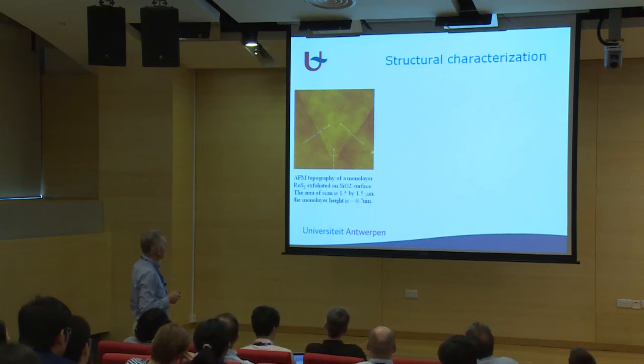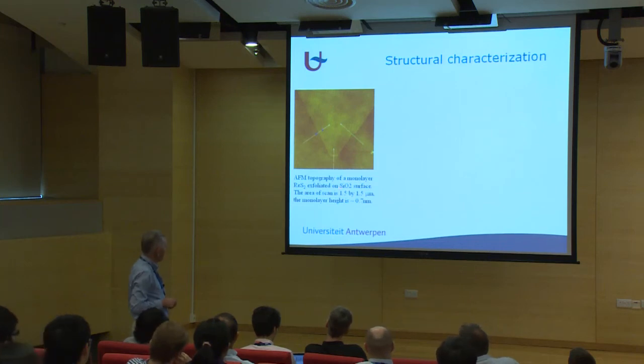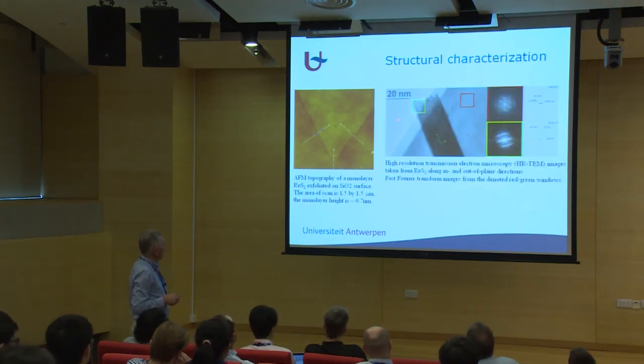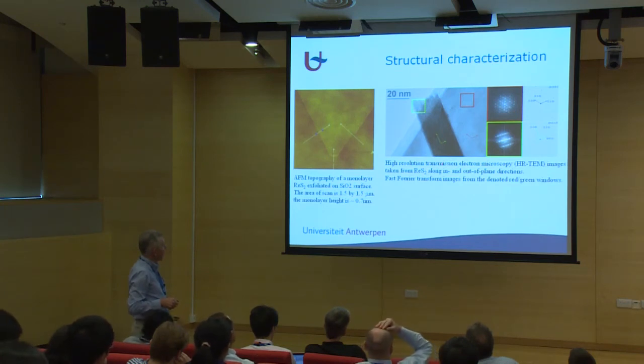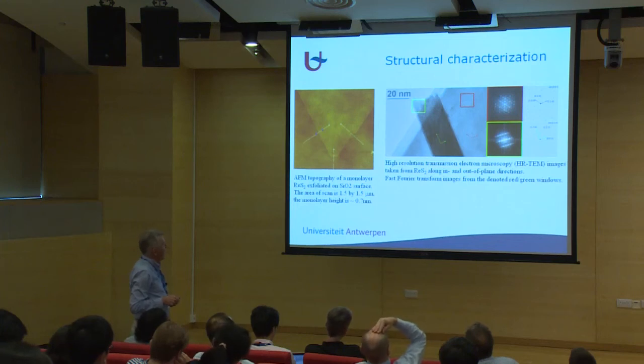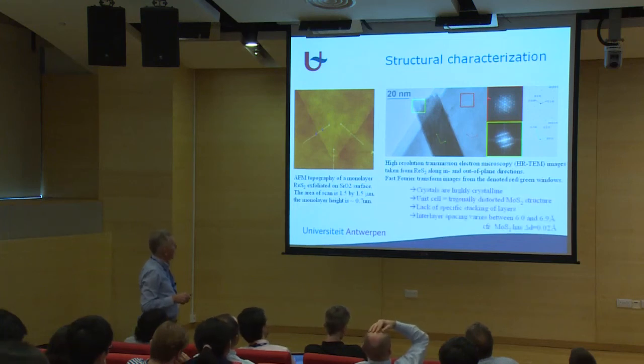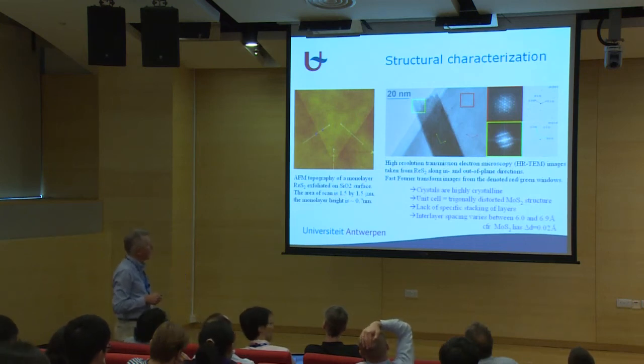Now, what about experiments? Okay, so this is an AFM picture of such a monolayer exfoliated on silicon dioxide that was CVD grown. If you look at the structural characterization, so these are high-resolution transmission electron microscopy images, then what you find is that they have a very good crystalline quality.